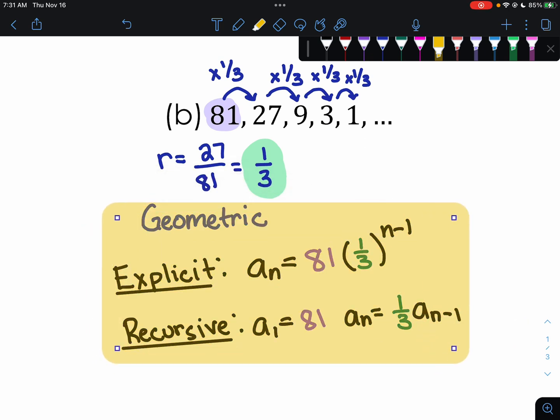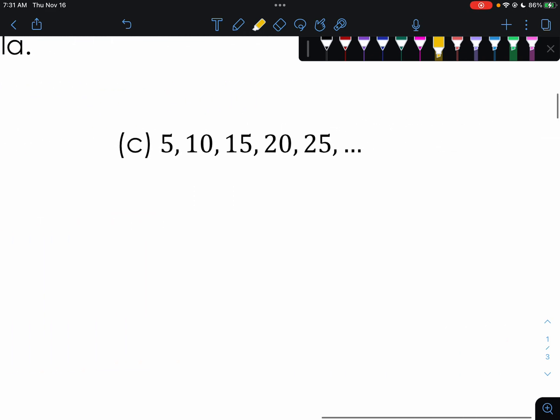Looking at the next one, it doesn't look like it's going to be geometric to me, so let's check to see if there's a common difference, to see if it's arithmetic. Remember, we can take the second term minus the first term, and that gives us 5. From 5 to 10, I add 5.